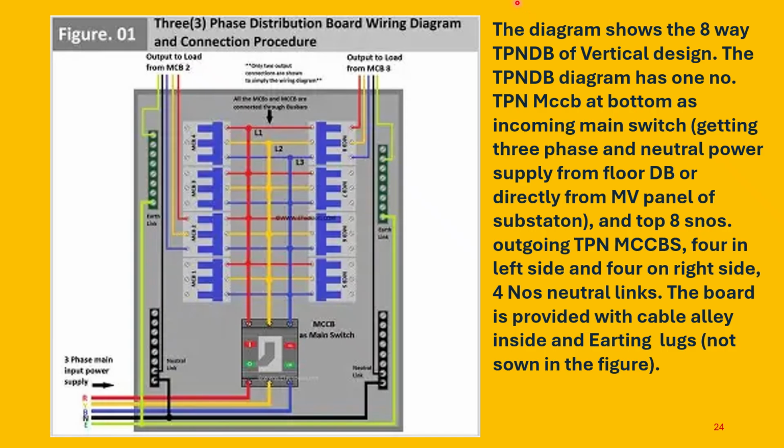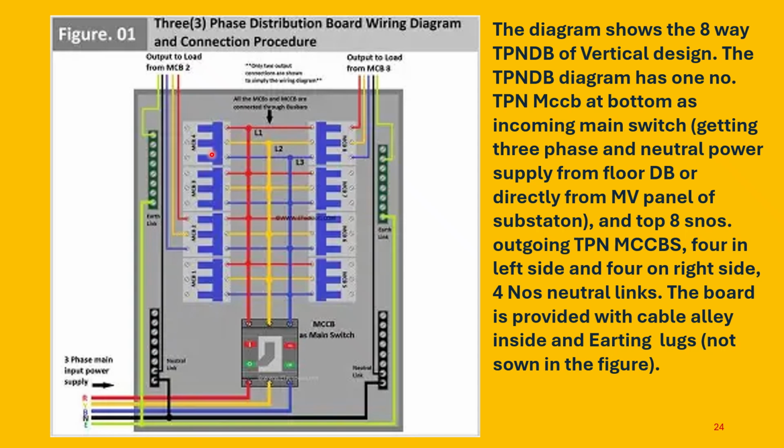Friends, this diagram shows a vertical type TPN DB. The diagram has one TPN MCCB at the bottom, that is here, as an incoming main switch getting three-phase and neutral power supply from a floor AV or directly from the MV panel of the substation. And this figure shows 8 outgoing TPN MCCBs, 4 on the left side and 4 on the right side.